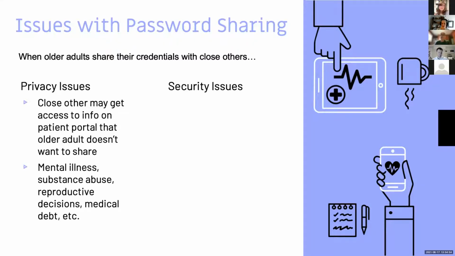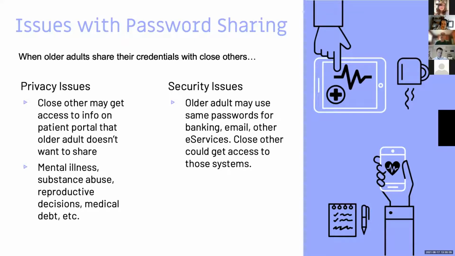And then there are security issues. We know in computer science, in IT, that people often tend to reuse passwords across different systems. Even though people are constantly told not to do this, it's a really, really common practice. People do it anyways because setting up a bazillion different passwords and remembering them all is hard.